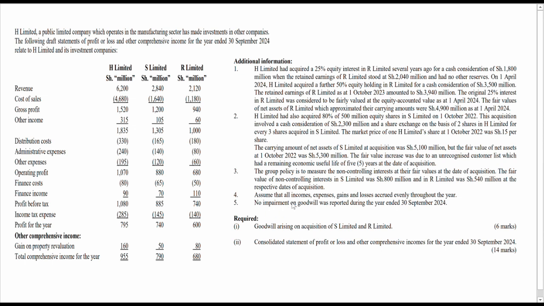So without hesitation, we go to the first question, which is goodwill arising. We shall calculate for S as well as for R. So let's continue.